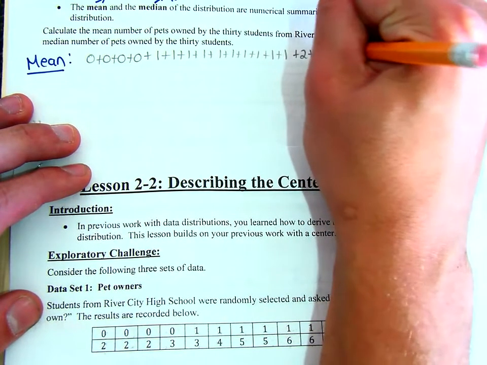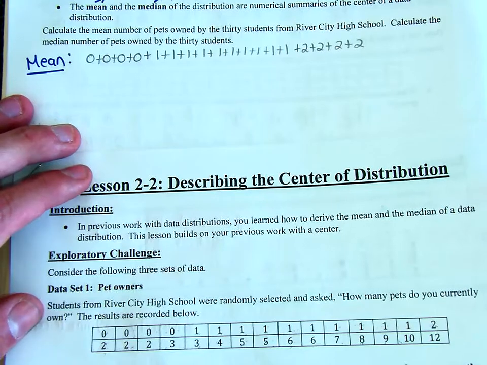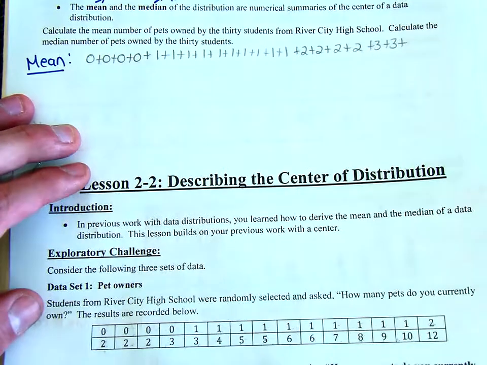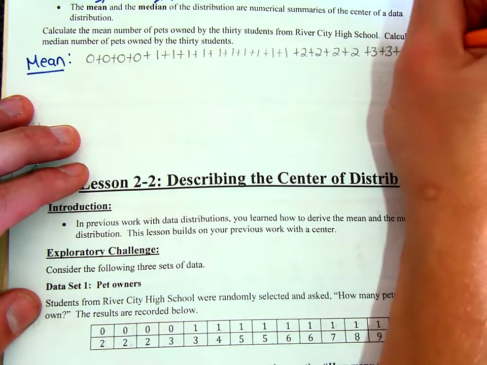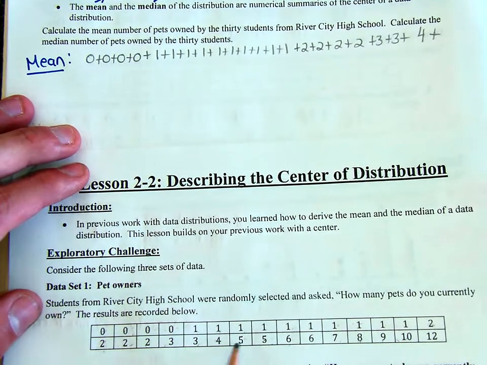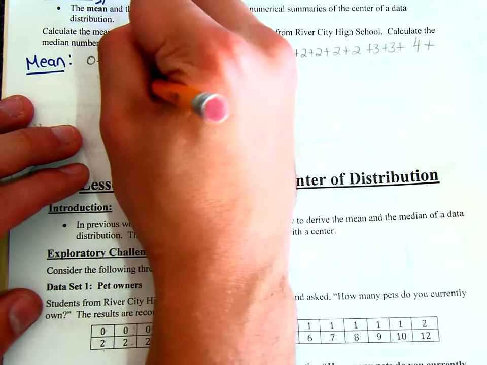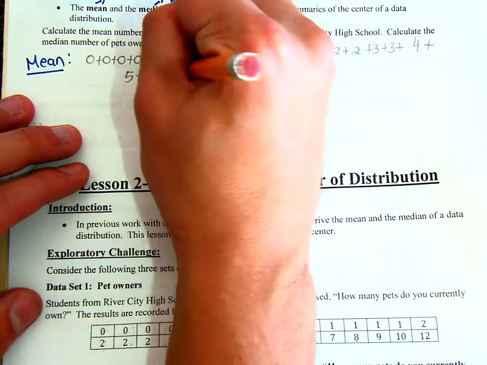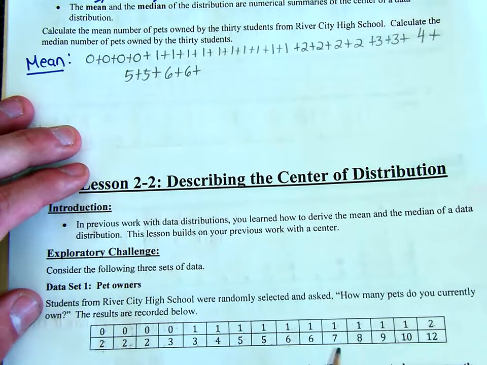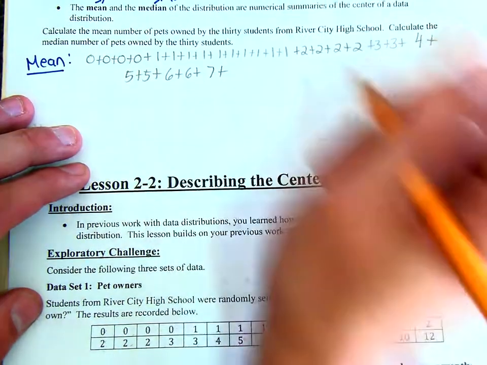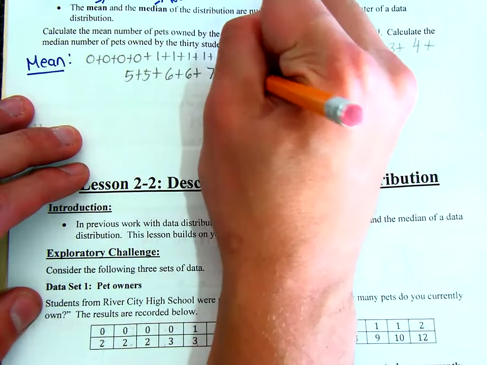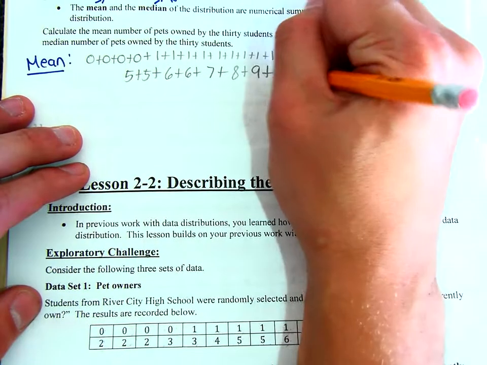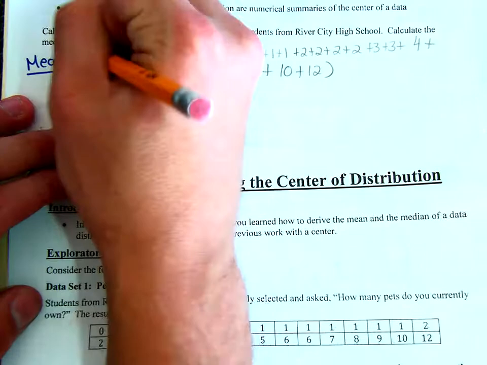So it'll be 1, 2, 3, 4. And then we add 2 threes, and then we have 1 four, plus 2 fives. We have 2 sixes, plus 1 seven, plus 1 eight, plus 1 nine, plus 1 ten, plus 1 twelve.